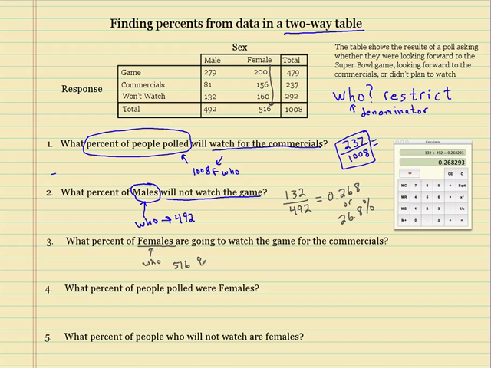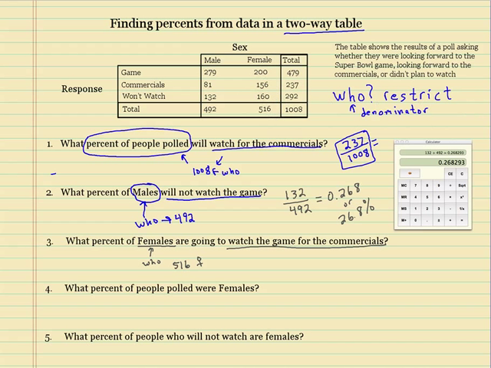I have 516 females. Now out of these females, how many are going to watch the game for the commercials? It's probably most of the time female. Females probably watch it more for the commercials, but let's see. Take a look up here.